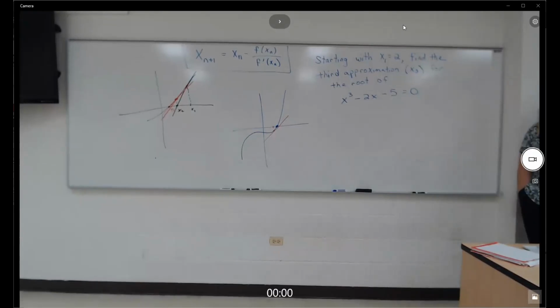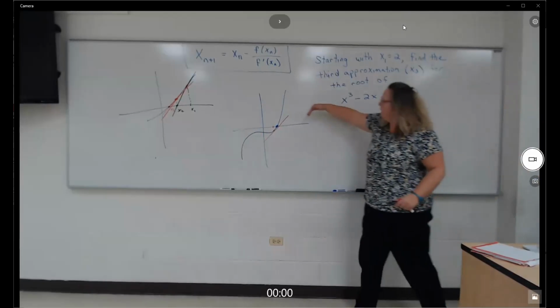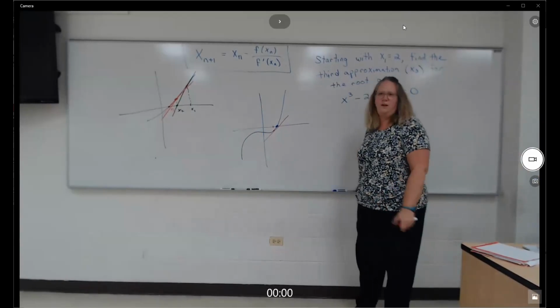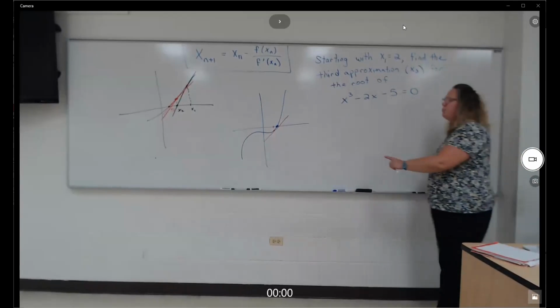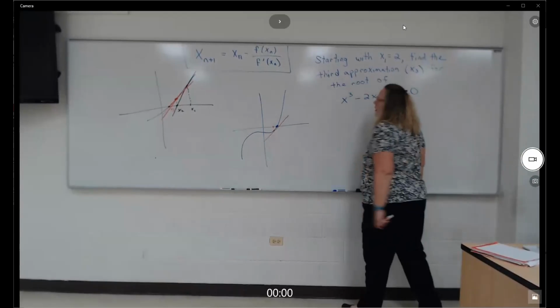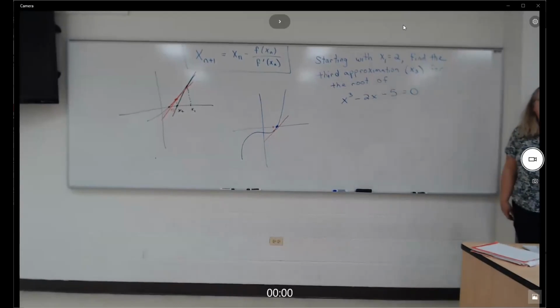I will say this though, it doesn't work 100% of the time. There are some times where your tangent lines will get skewed off and it just doesn't work. But most of the time, especially if you're pretty close, and 2 is pretty close to our answer, we're going to be okay.